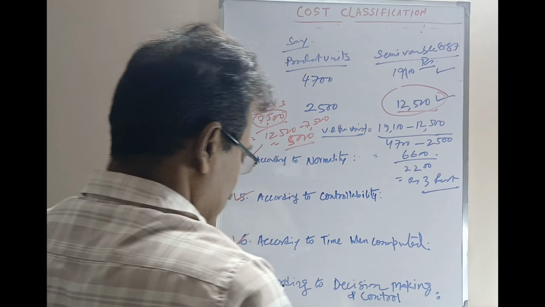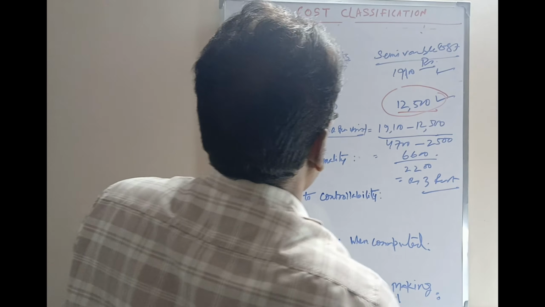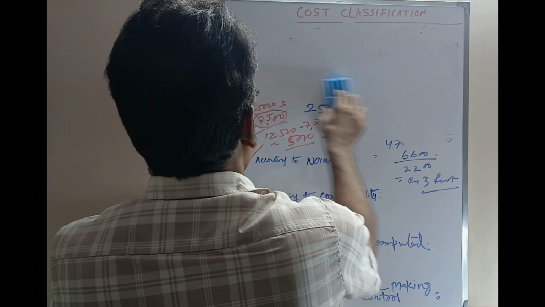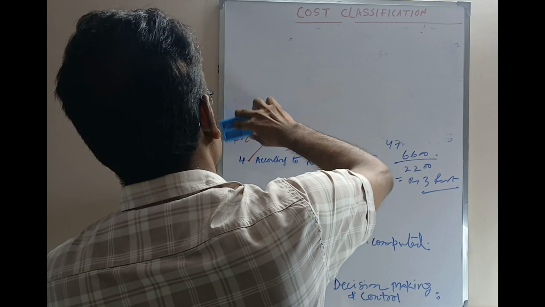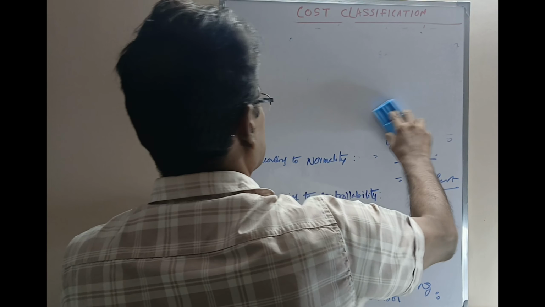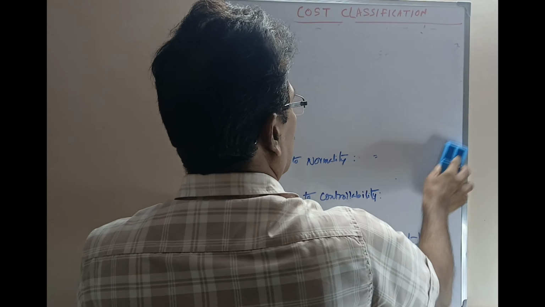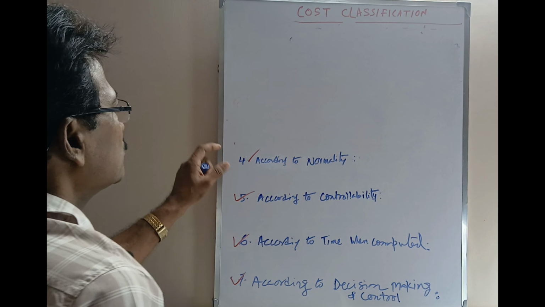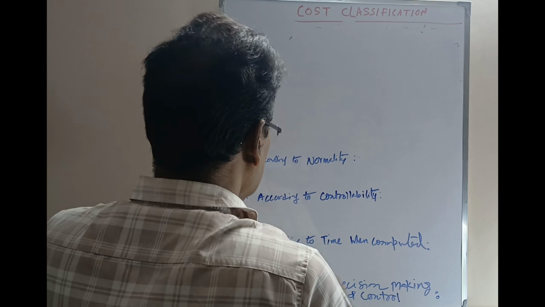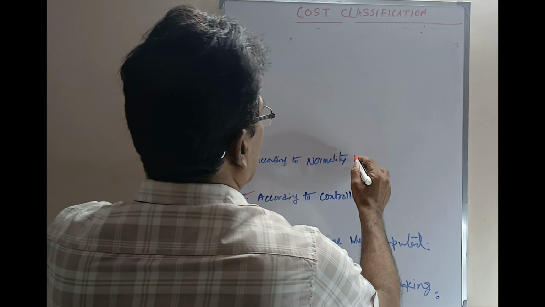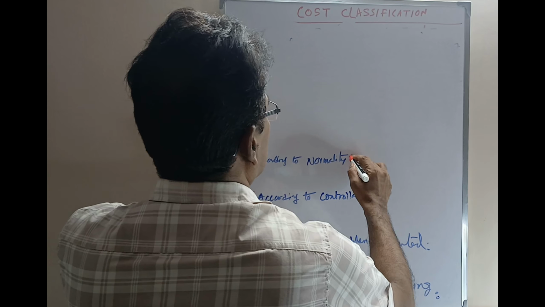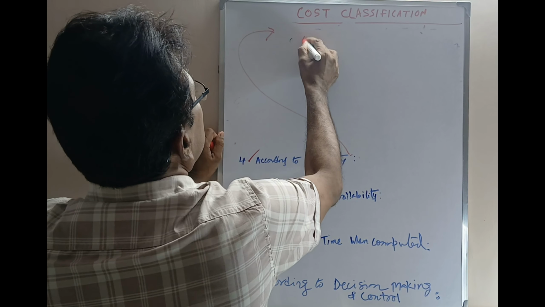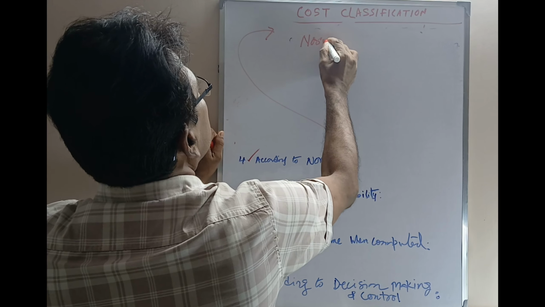Now come to the next point. According to normality, costs are classified into two.